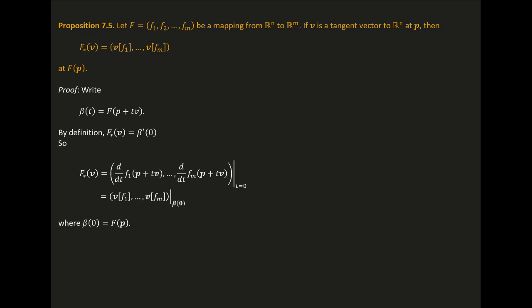This is just the curve where each of the components are the directional derivatives, as we stated, because that's the definition of directional derivatives. Here, of course, beta of 0 is f of p by the way that beta was defined.